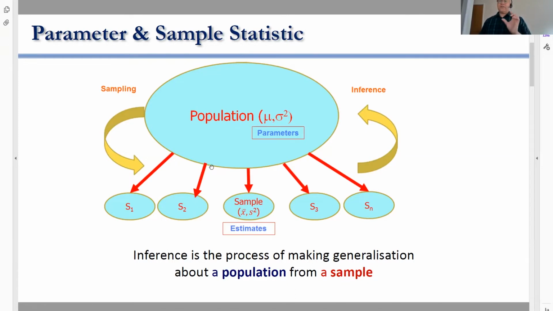So the body weight of 6-year-olds is our population context. And let's say we randomly select 100 individuals from that population.